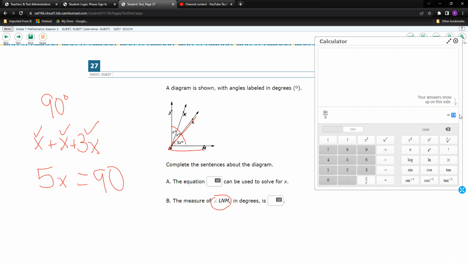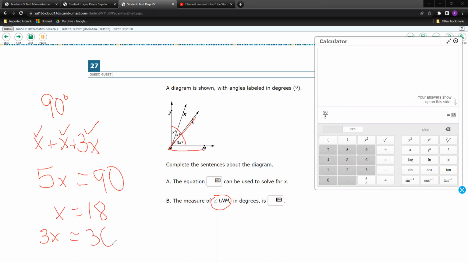So if one X is worth 18, you fill in the bad words or good words for that. Multiplying both sides by 3, I'm going to get that 3x is equal to 18 times 3. So why don't I do that in a calculator rather than do it mentally, which I could do faster than a calculator.